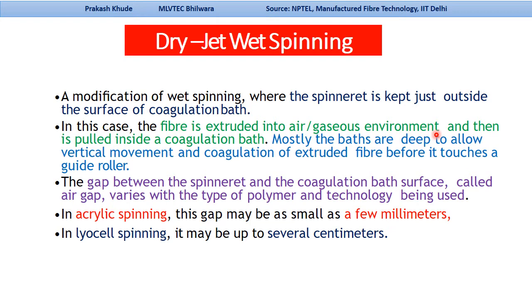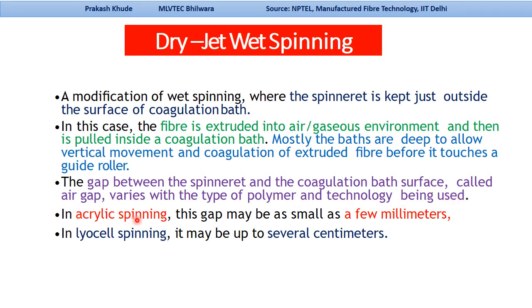Mostly these baths are deep to allow the vertical movement and coagulation of the extruded fibers before they touch the guide rod. And this gap between the spinneret and the coagulation bath surface we call the air gap, which will vary with the type of polymer and the technology being used.